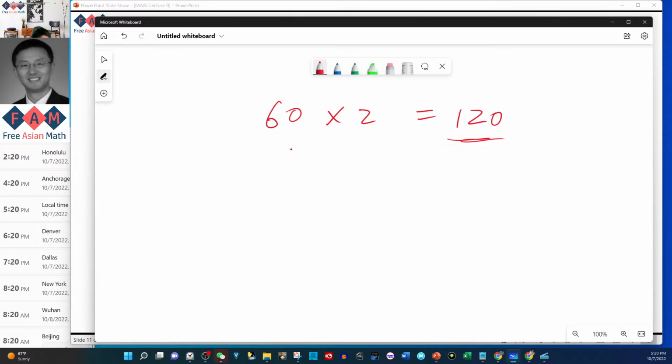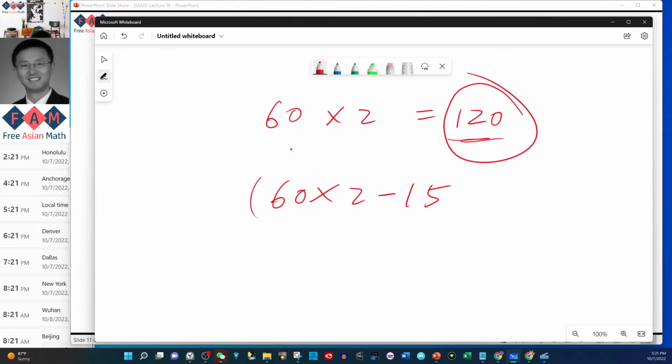So altogether, we have 3 copies of B, then 1 time the actual 15 gallons to get to 120. So therefore, if we subtract this actual 15, what do we get?